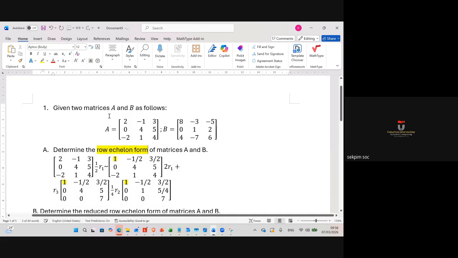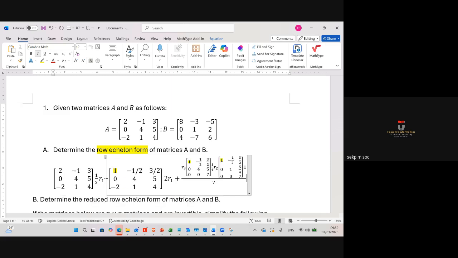Row echelon form means that we already have the result for column 1 and the second column, and what we need to do is the next one, right? So this is the pivot, and since this is 7 and it should be 1, we multiply row 3 with 1/7.